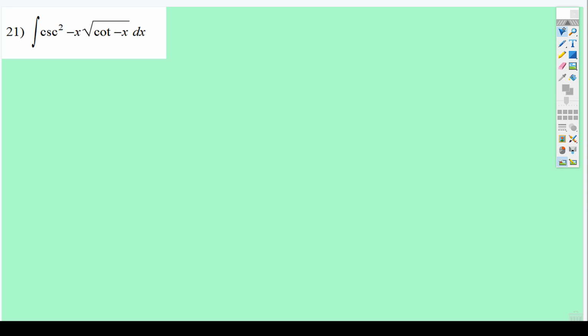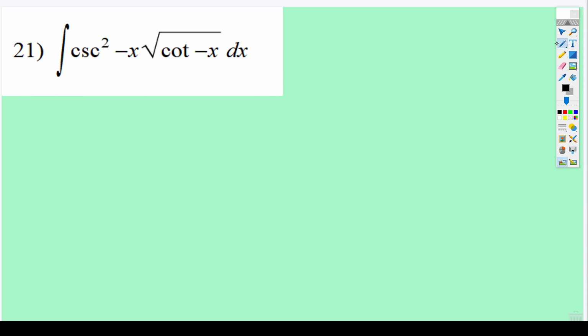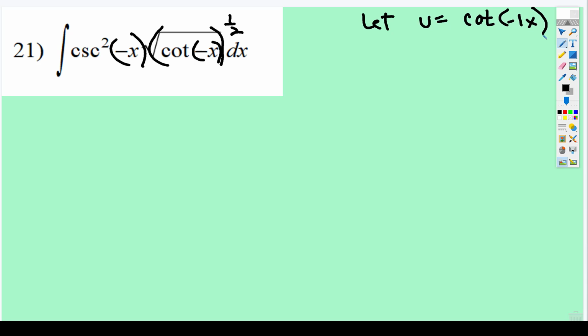Okay, let's look at this one right here. Cotangent of theta, -1x. So this is to the 1/2 power. All right, so remember, it's the item underneath the power that ends up being the u. So let u equal cotangent -1x.